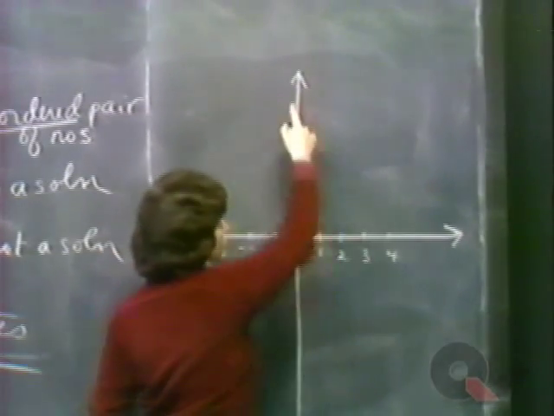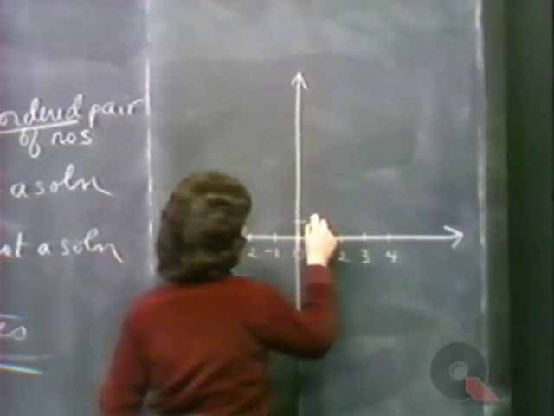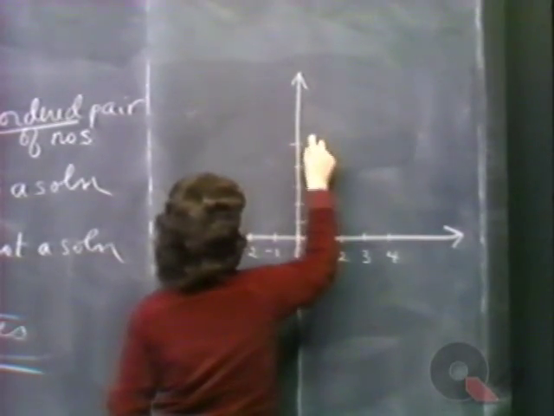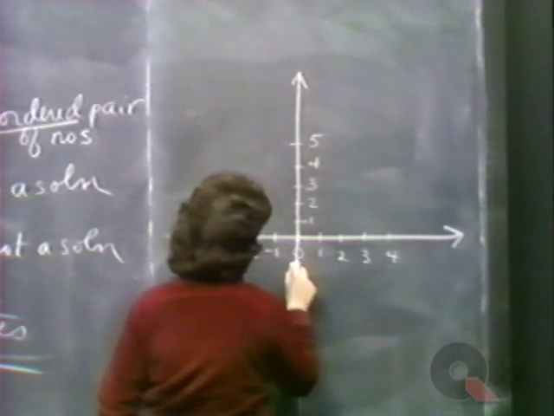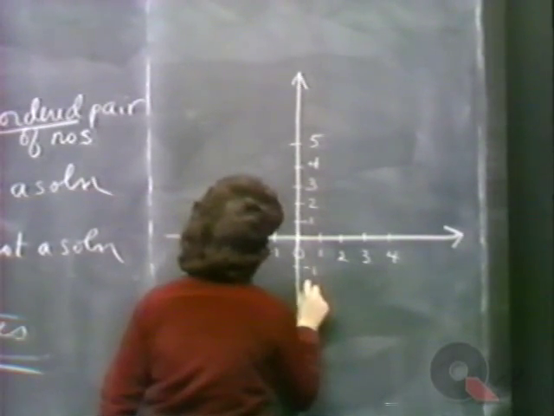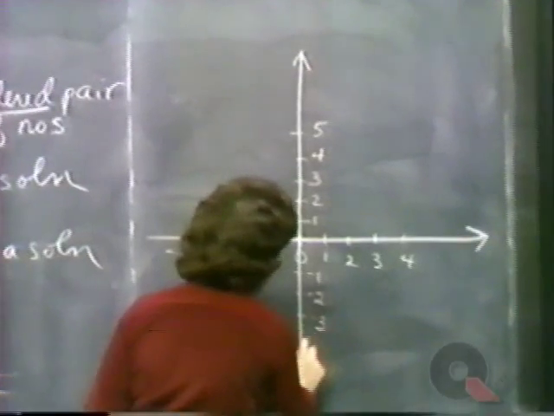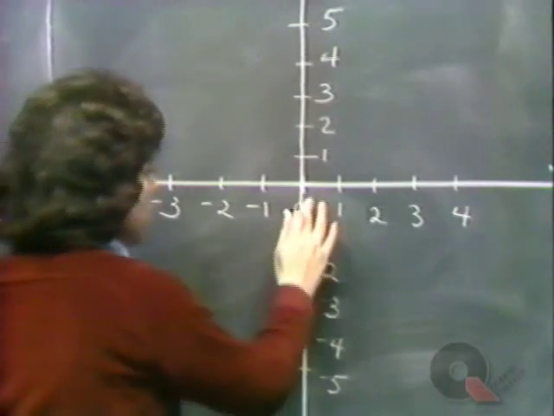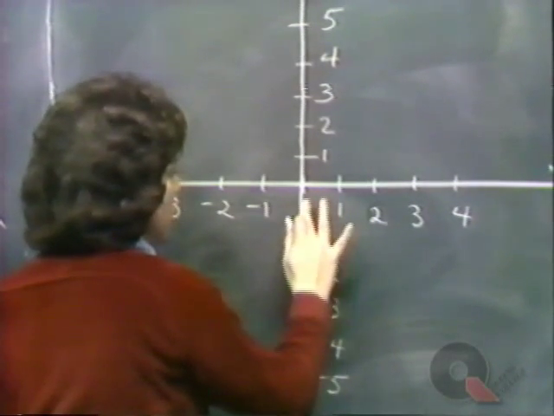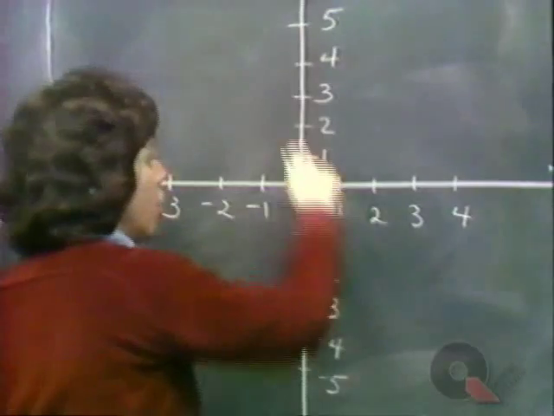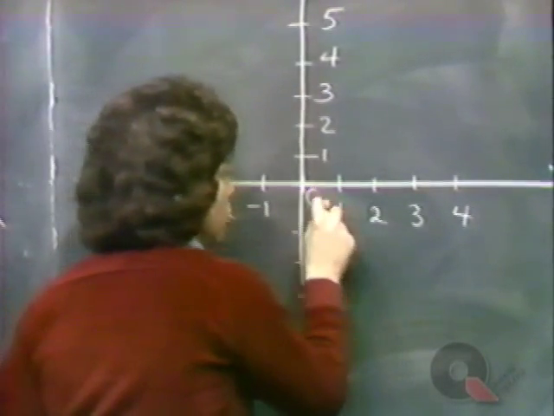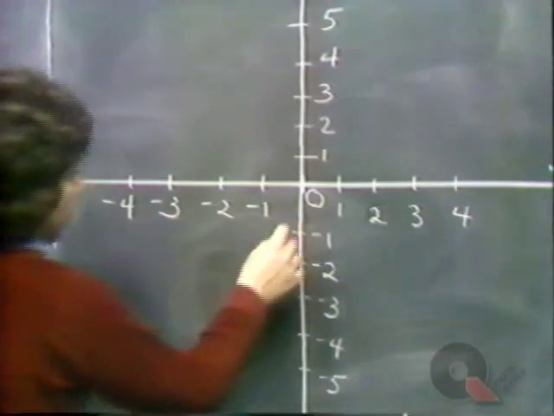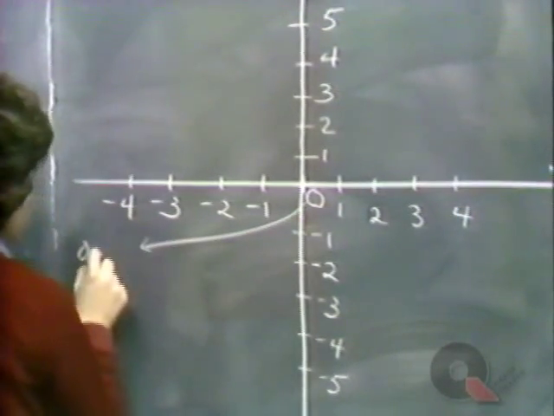We will designate this also as 0 for the vertical number line. This will be +1, +2, +3, +4, and so on. And down here we will have -1, -2, -3, -4, and so on. The point where the two number lines intersect, which is 0 on both the number lines, is called the origin of this coordinate system, the origin.